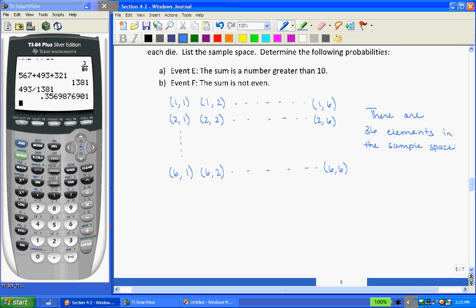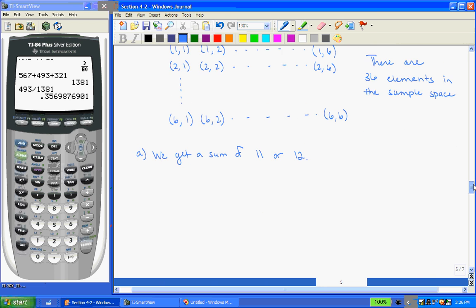Okay, so for part A, the event E, the sum is greater than 10. Well, if we're going to be greater than 10, that means we get a sum of 11 or 12. Well, let's list out the ways that that can happen.